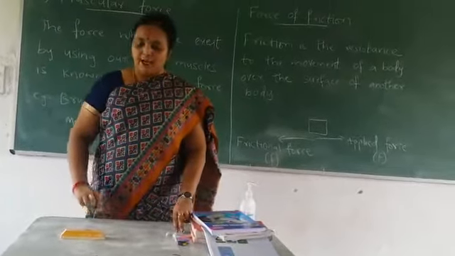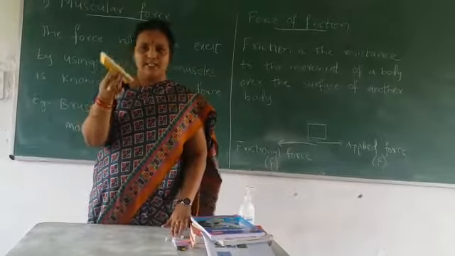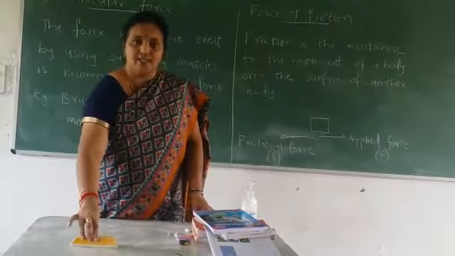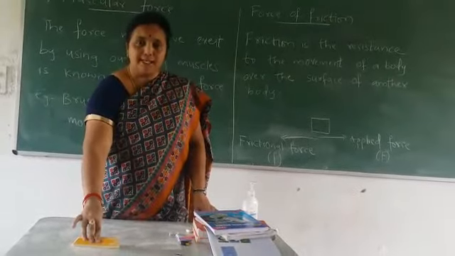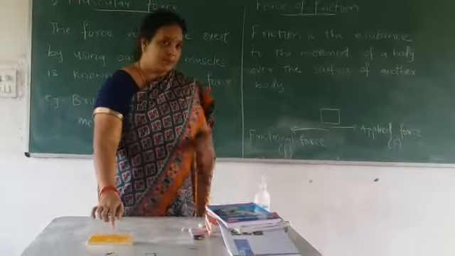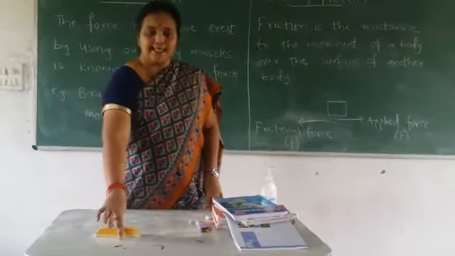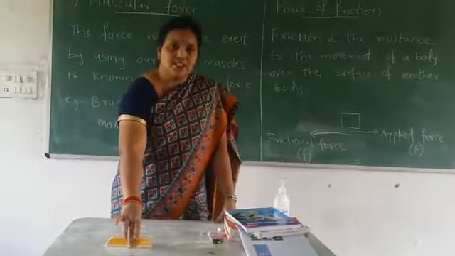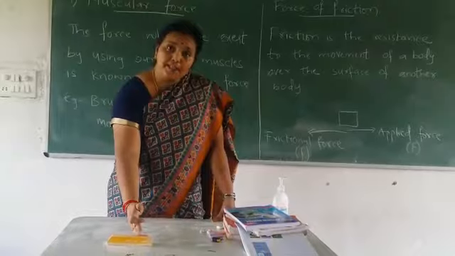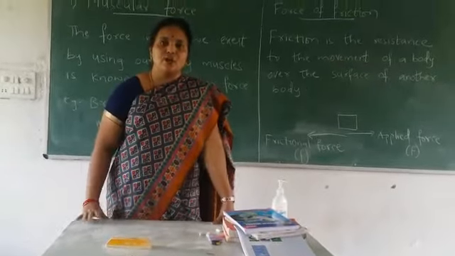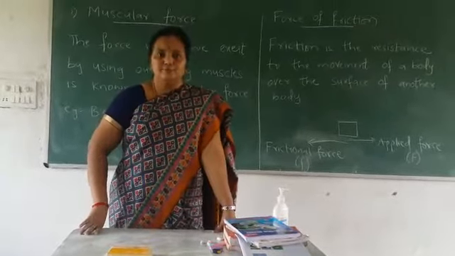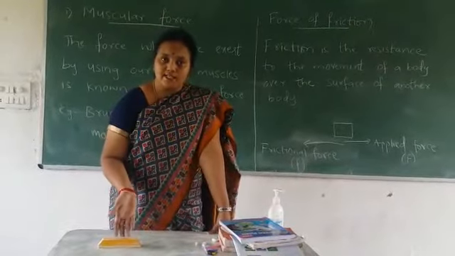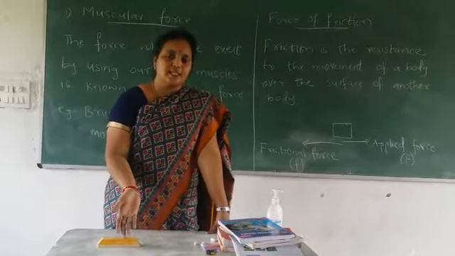Listen carefully. Whenever an object, here my object is the duster, touches a surface, a force is developed between the duster and the table or any surface. That force which is developed, which is stopping the object, is called frictional force. When I move the duster, because of my muscular force, the duster moves a certain distance.